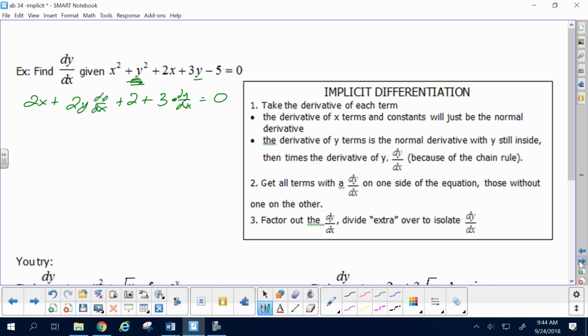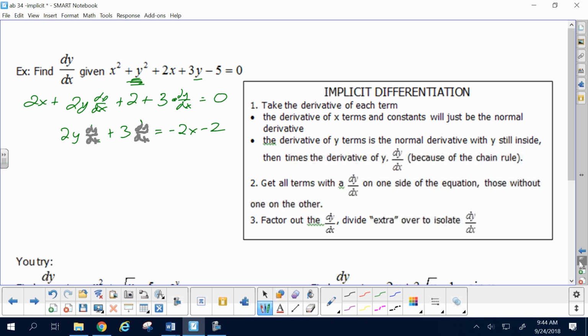How would you isolate or get dy/dx by itself? Let's move all the non-dy/dx terms over. I heard somebody say that's true. 2y dy/dx and 3 dy/dx can stay. I'm going to leave everything without a dy/dx over, which would make them negative 2x minus 2 on the other side. Cool? Okay?